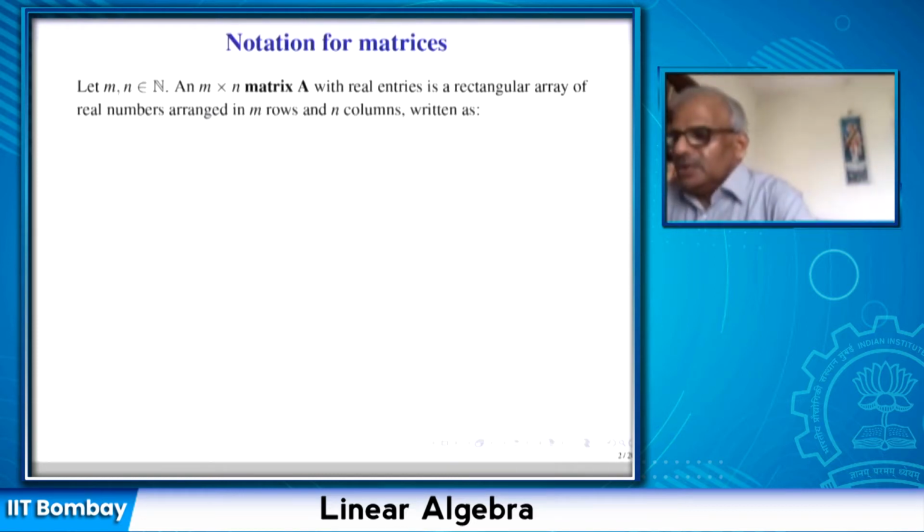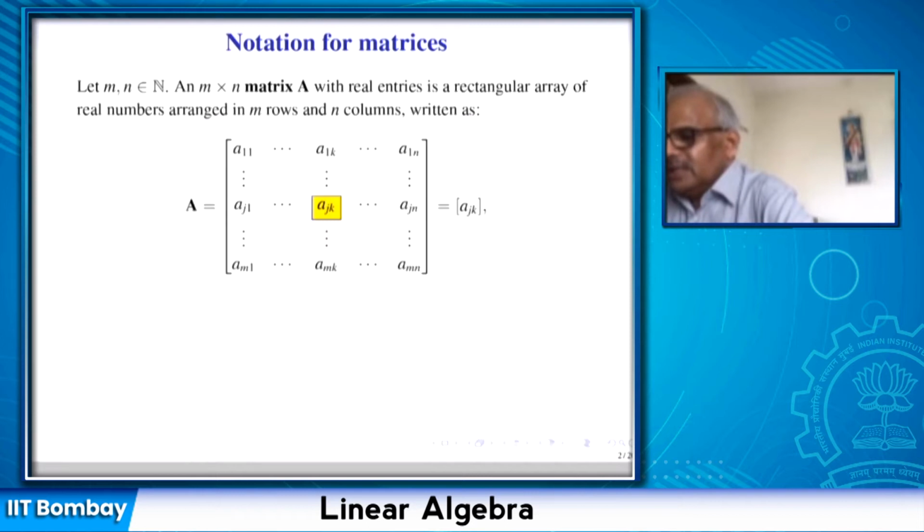Now we move on to fix the notation for matrices. So an m by n matrix, where m and n are non-negative integers, with real entries, is a rectangular array of real numbers arranged in m rows and n columns. And we have standard notation for displaying the row vectors and the column vectors, and a general entry.